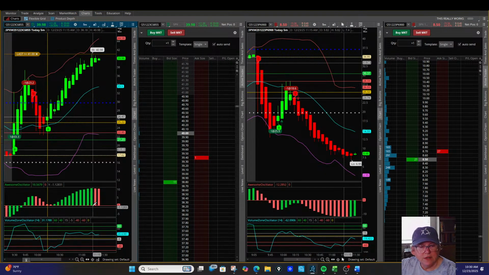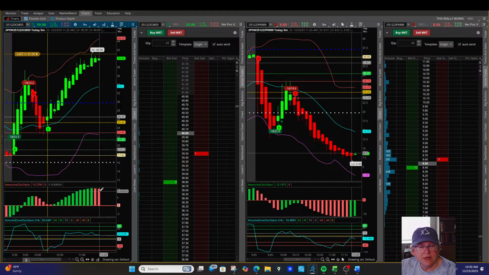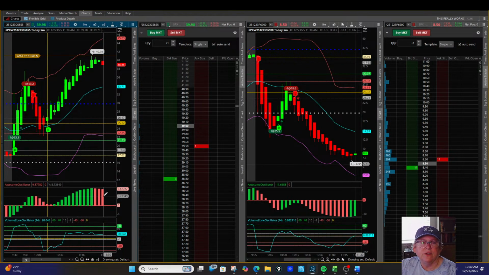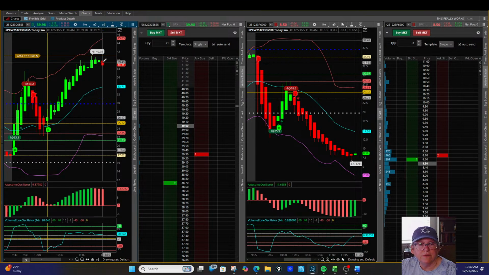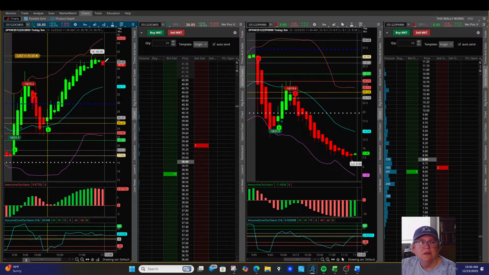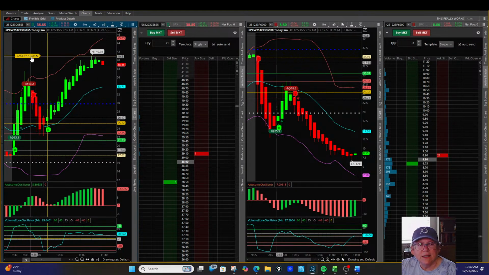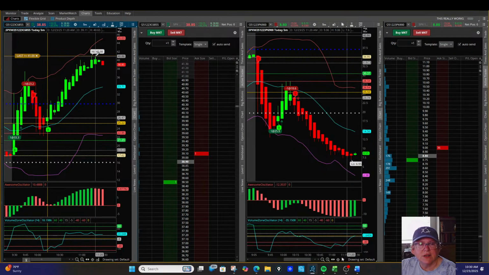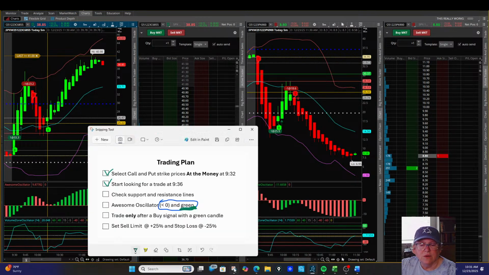Okay, if you notice here, we've got 2 red bars in awesome oscillator. That's telling me as a trader that that's going down. And sure enough, we have red. So we think that it hit the 41 mark, but that's just cutting it too close. So this rule about being less than 0 and green is so important.